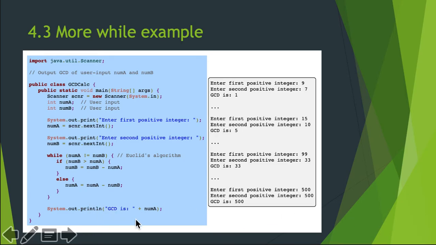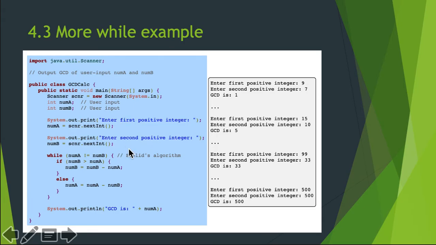So it repeats while they are still not equal, at which point num A will equal the GCD. In the first case, enter the first positive number, which is 9. Enter the second positive number, 7.